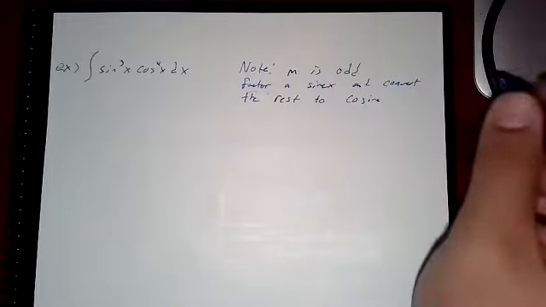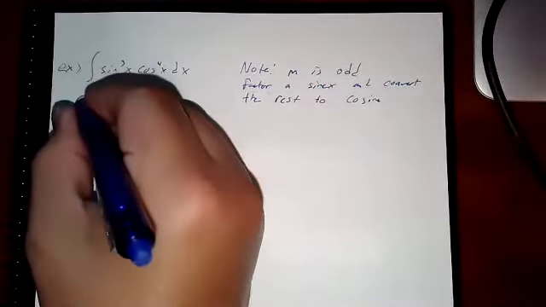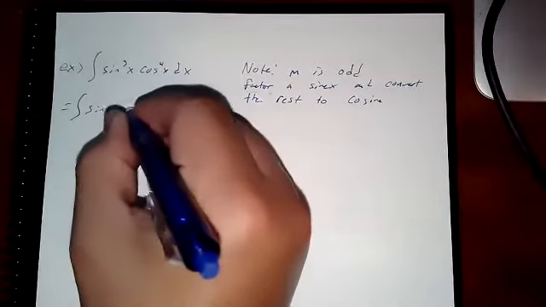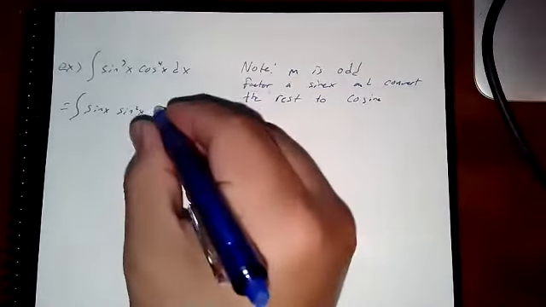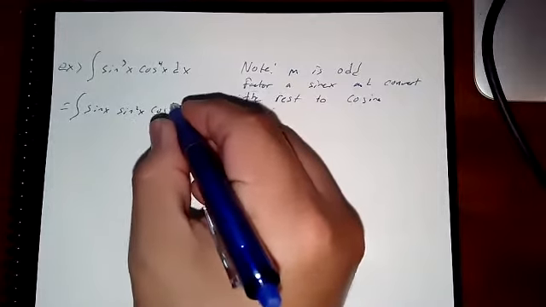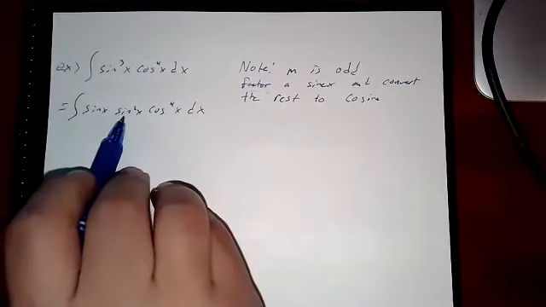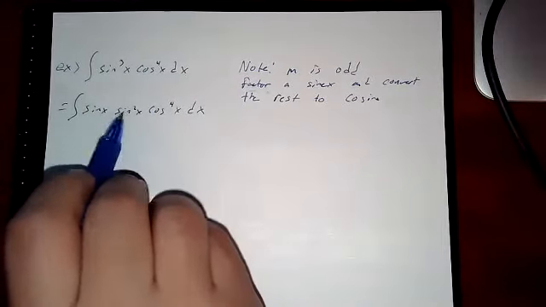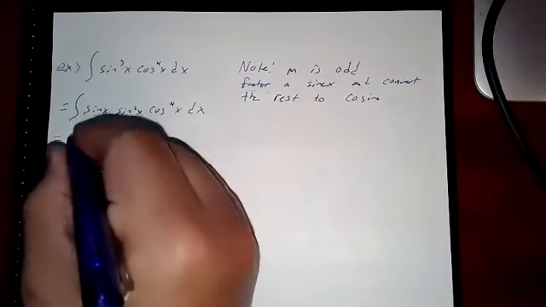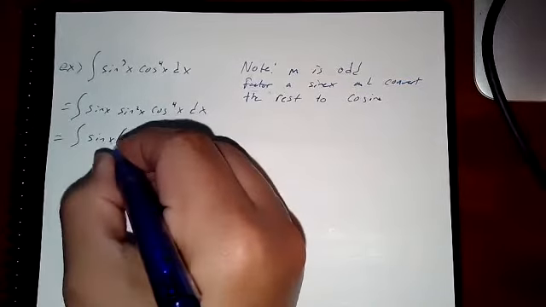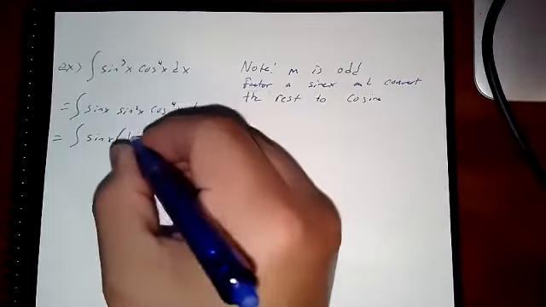This is what I mean. I'm going to pull out a sine so I can force it to be a sine squared. And then we use that Pythagorean identity because sine squared is equal to 1 minus cosine squared, right? This becomes 1 minus cosine squared.